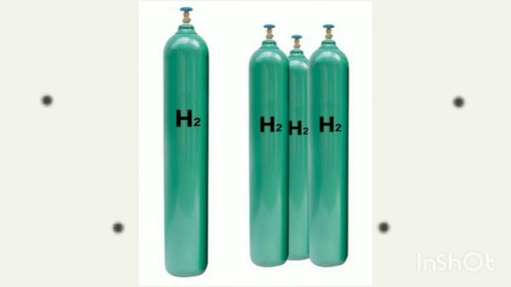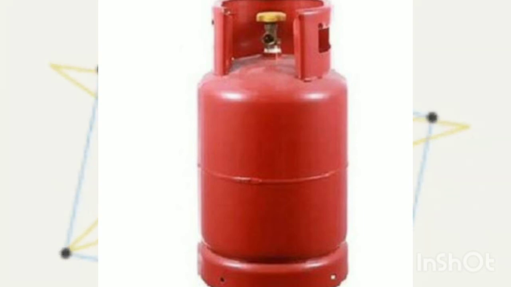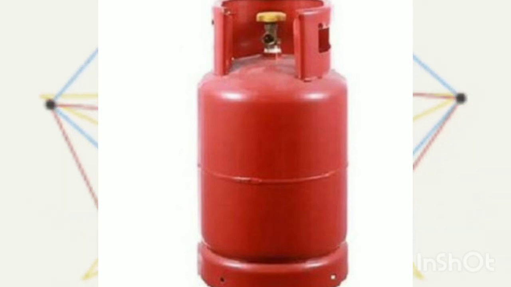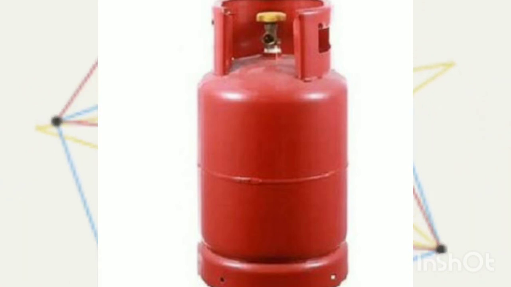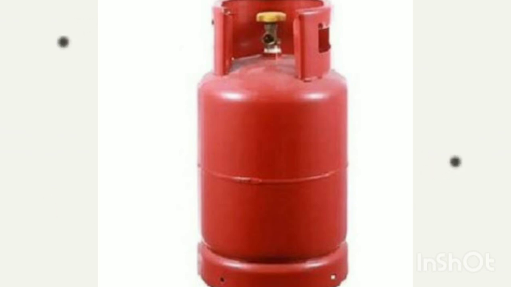Then methane and LPG gases have fairly high calorific values. Methane is 55 kilojoules per gram, and LPG is 50 kilojoules per gram. So they are used in our day-to-day life. Their main advantage is that they are easy to store, easy to transport and easy to handle.